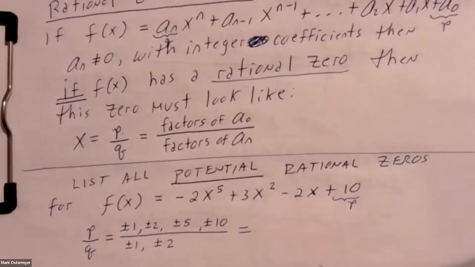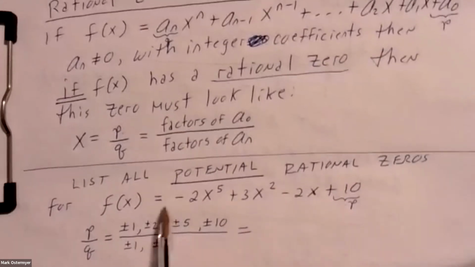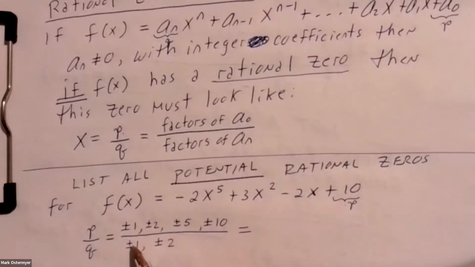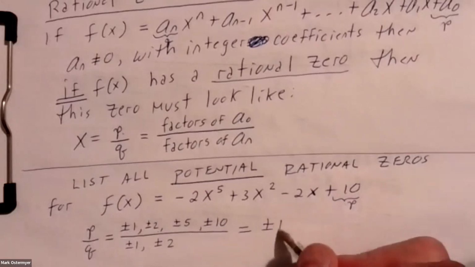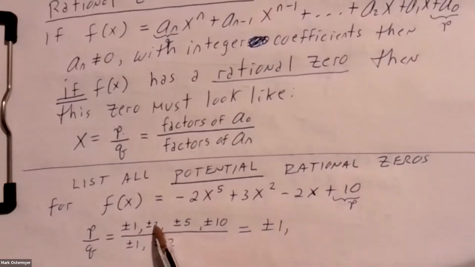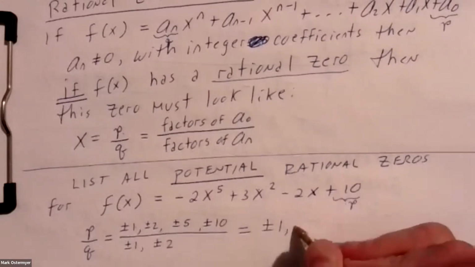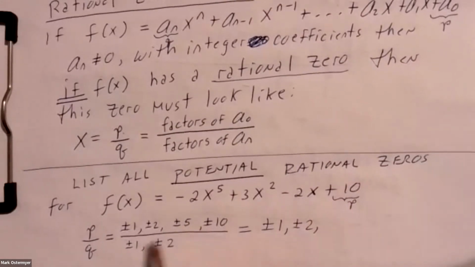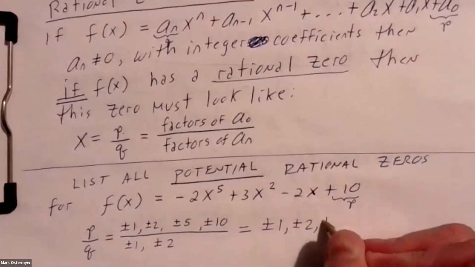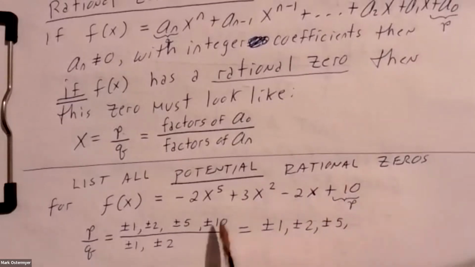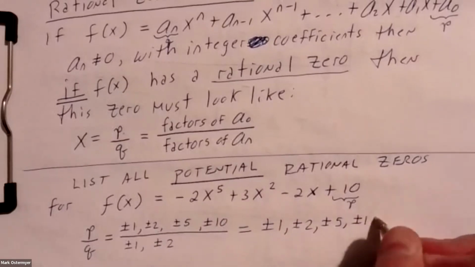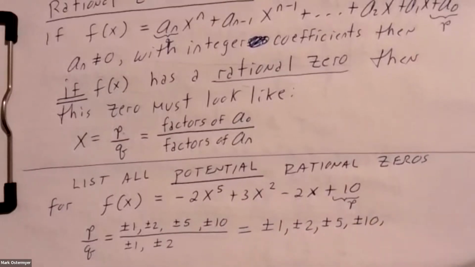So, ladies and gentlemen, the list of all potential rational zeros for this 5th degree polynomial would be positive negative 1 divided by positive negative 1, which is positive negative 1. Positive negative 2 divided by positive negative 1, which reduces down to positive negative 2. Positive negative 5 divided by positive negative 1, which is positive negative 5. Positive negative 10 divided by positive negative 1, which is positive negative 10. But there's other possibilities.